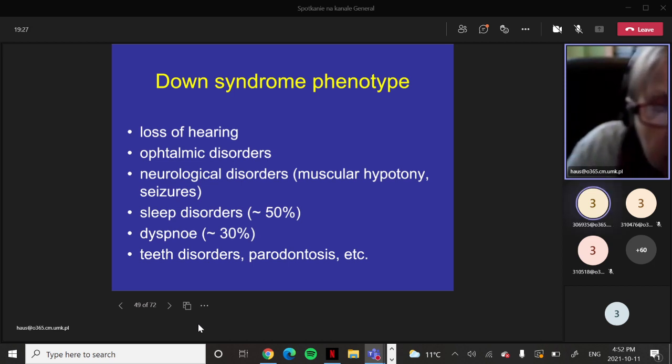Sometimes it may be hygienic problems, but in general, many children, even without hygienic problems, have these disorders.